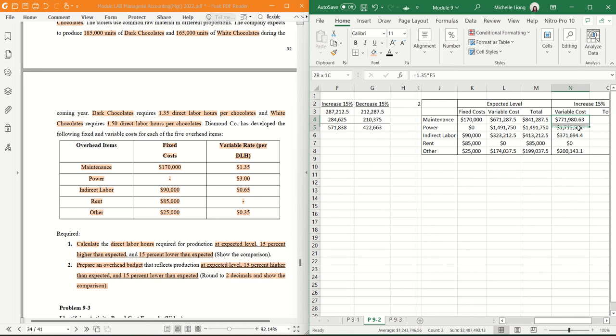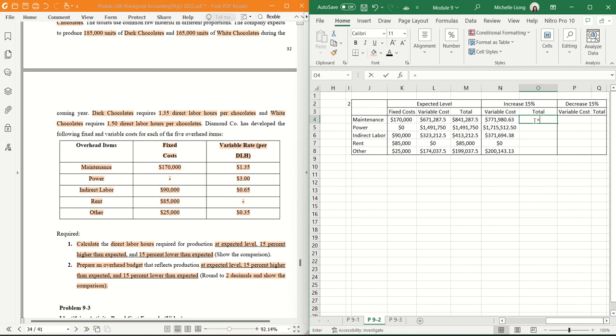But for the total, it's a bit different. For the total, you need to add the fixed cost plus the variable cost for the new one, which is for the increase 15% one. And we got the amount with the new one. Fixed cost is still the same, variable cost is taken from the different one. That is for increase 15%.